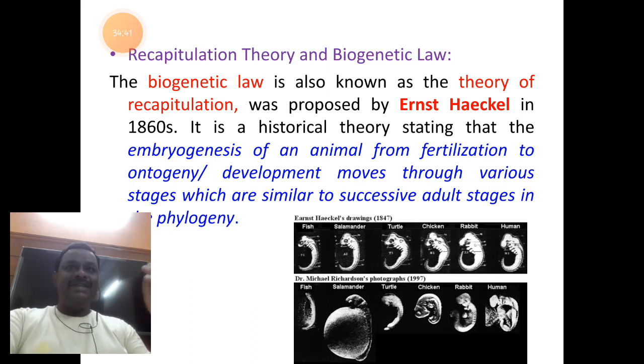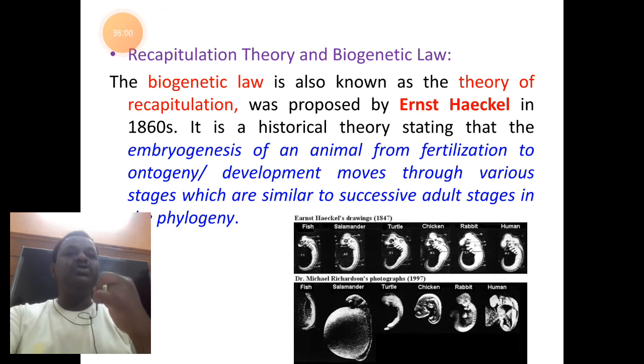This theory states that ontogeny repeats phylogeny. In short, to remember, we call it ORP. O stands for ontogeny, R stands for repeats or recapitulation, P stands for phylogeny.